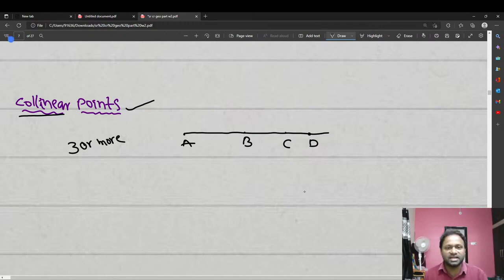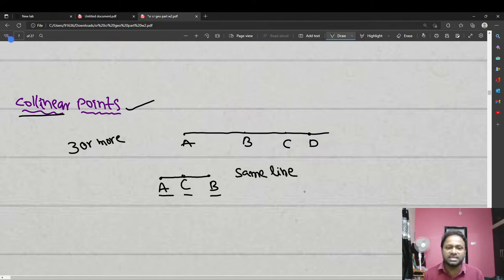See the definition once again. If three or more points. Why am I saying three or more points? Of course, if you take 2 points, that will become a line segment. If you take another point on this, 3 points lie on the same line.